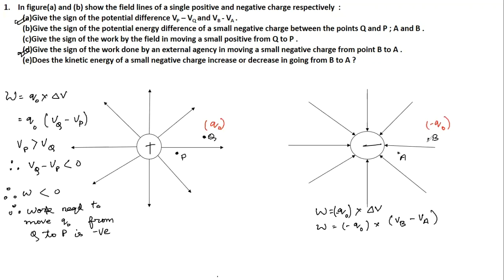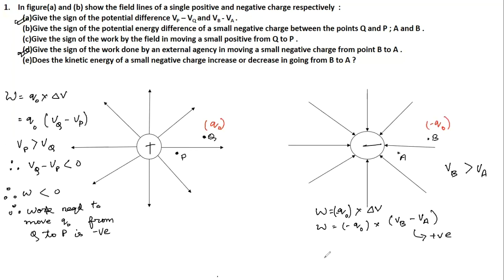Now, from the earlier point A, we have seen that potential at B is greater than potential at A, because you have a negative source charge. Since you have a negative source charge, the work done in moving this minus Q naught from B to A is positive.